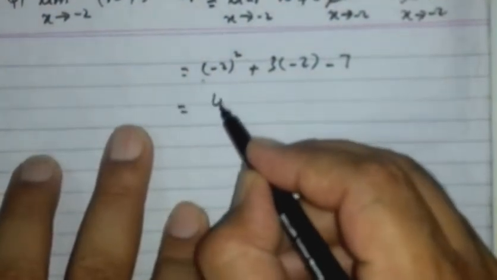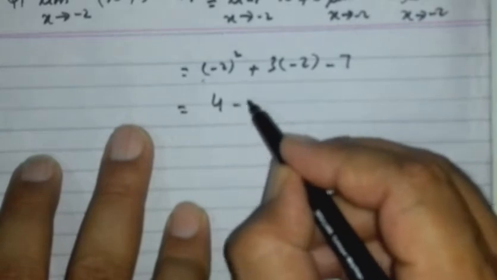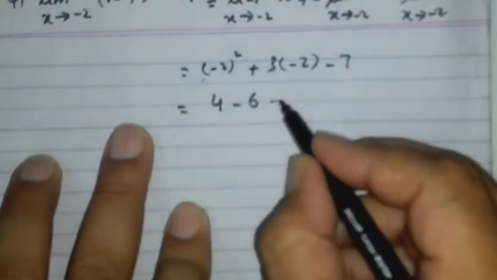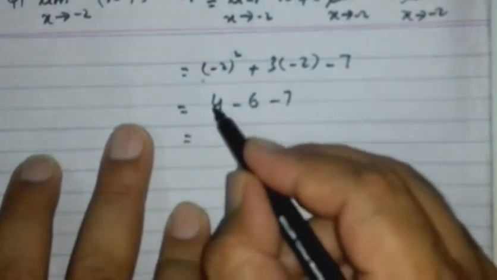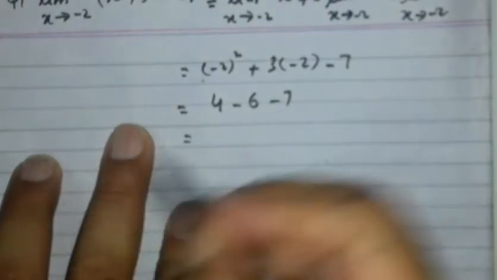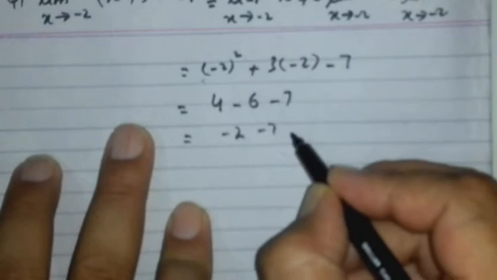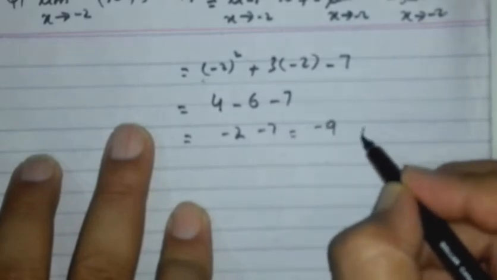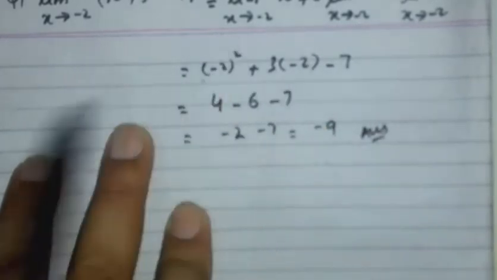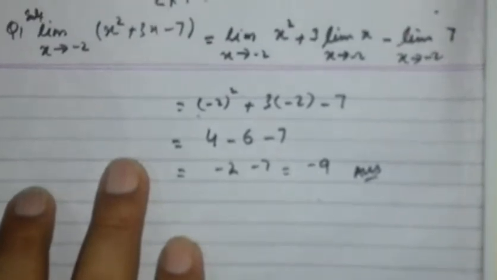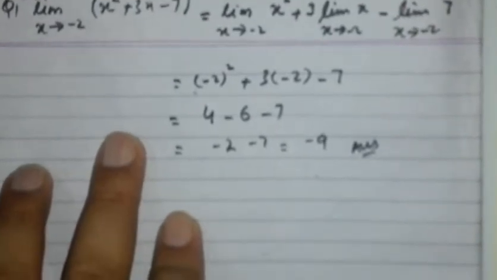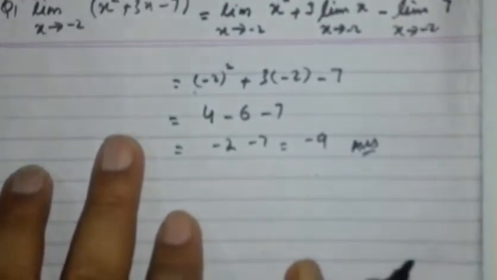Now minus 2 square we get 4. 3 2s are minus 6 and minus 7. 4 minus 6 we get minus 2 minus 7, which equals minus 9 is the limit of this question. This is the answer.